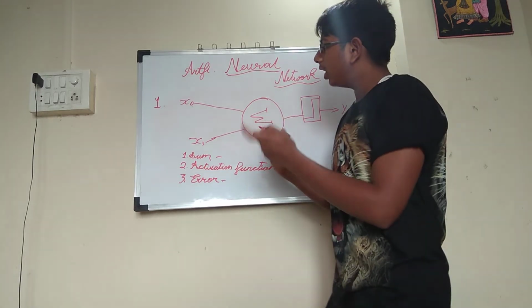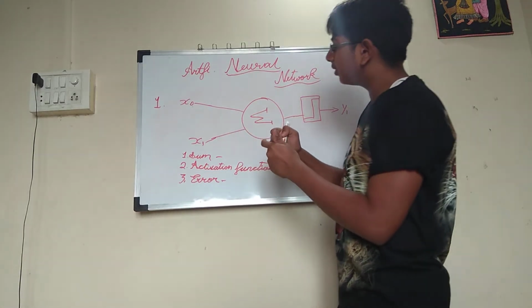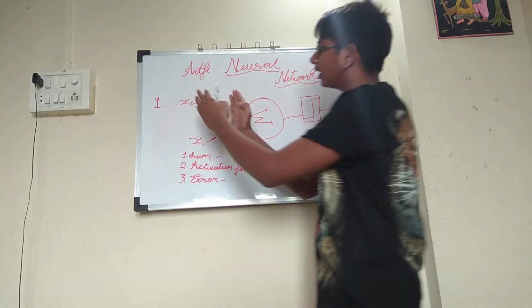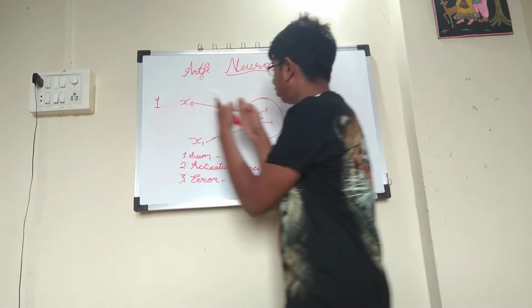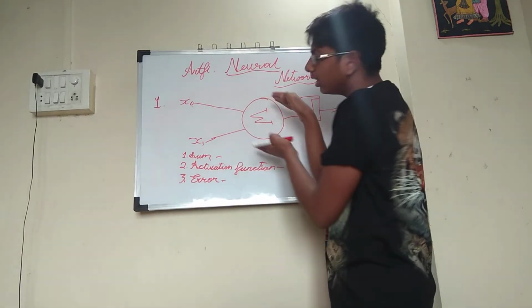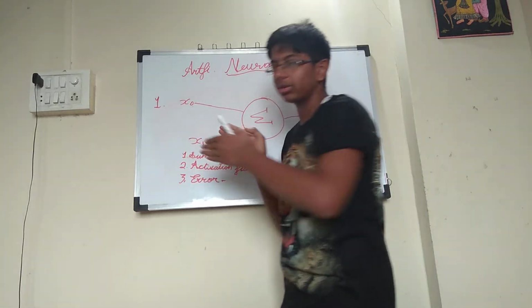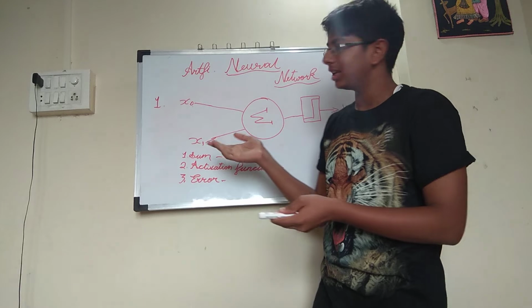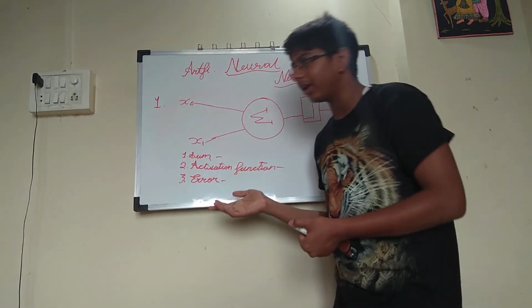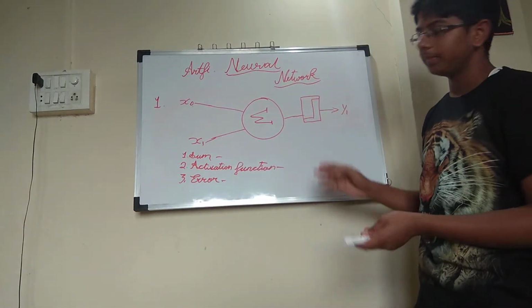What this processing unit is called is the hidden layer. The input node is called the input layer, and this is called the output layer.